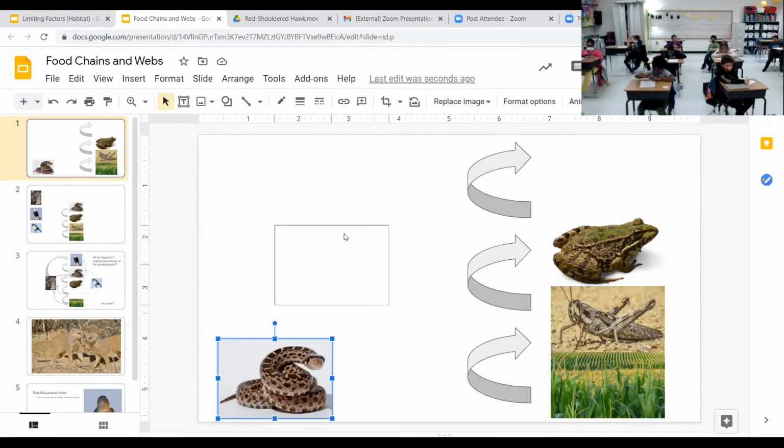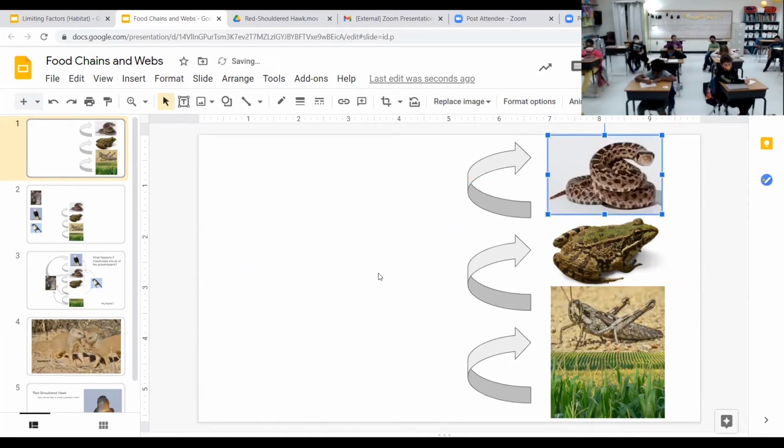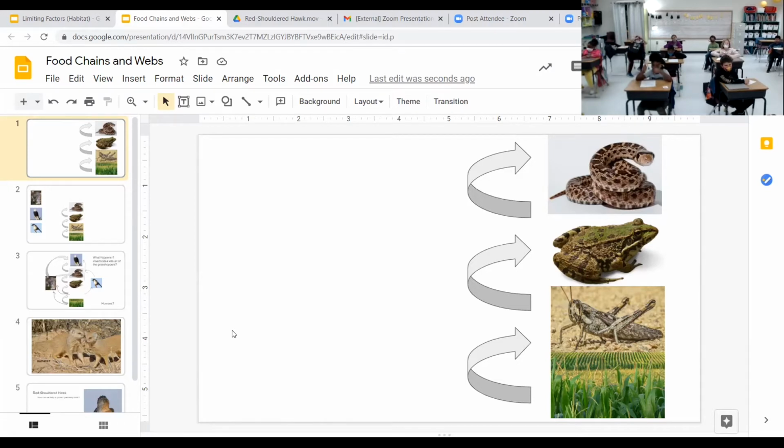And then that leaves our last animal, right? Our snake. So oftentimes snakes might not be at the very top of the food chain, but in terms of the 4 animals we have left, it definitely makes sense that they would be the top predator in that food chain, right? Does that make sense, everybody? Yes, sir. All right, really good job with that.